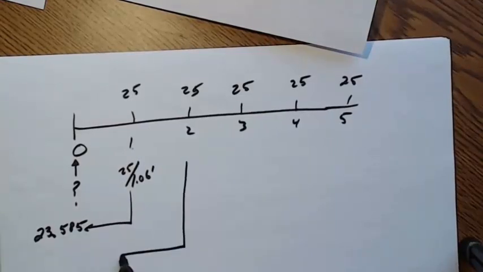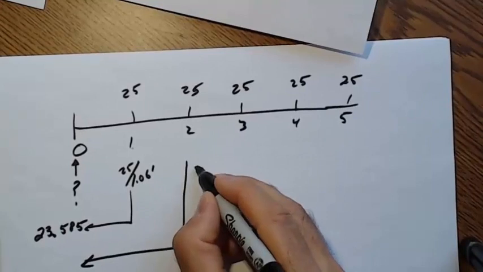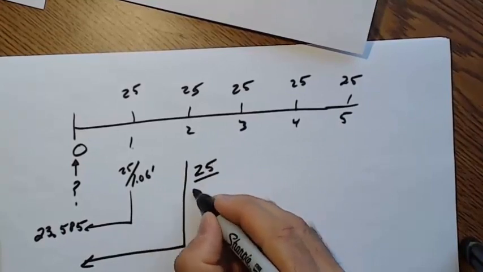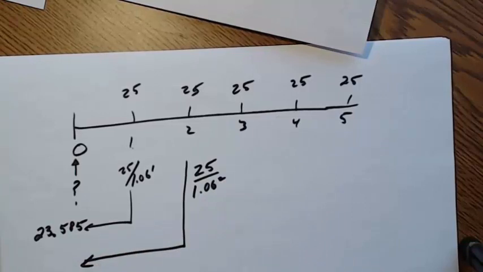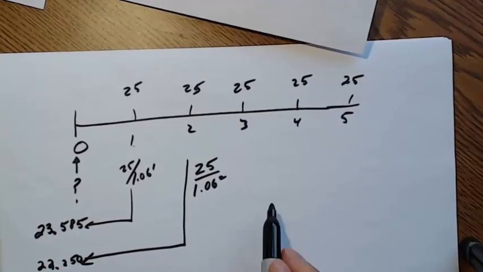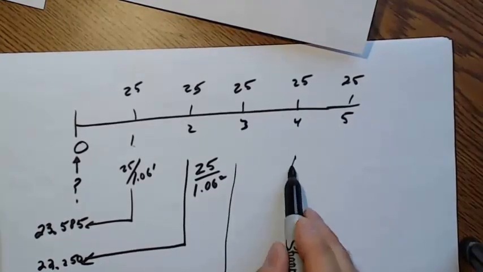Now take this payment and discount it for 2 periods. 25 divided by 1.06 squared, and you get 22.250. Keep doing this. Keep doing it.